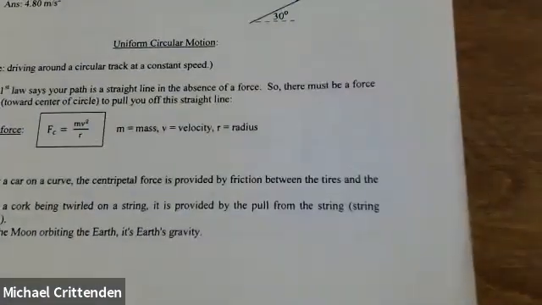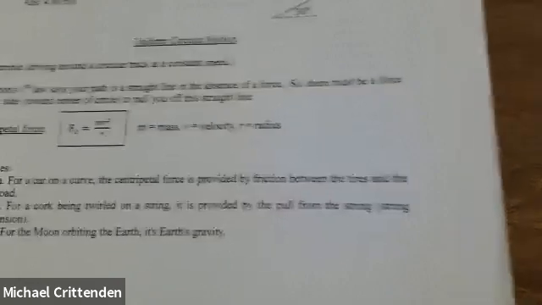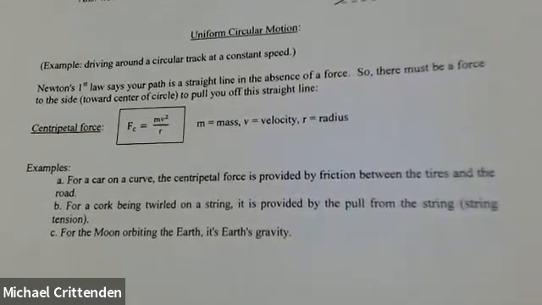That's what the uniform in uniform circular motion means, is whatever it is you're talking about does not speed up or slow down. So it's like you're in a car driving around a circular track with the cruise control turned on, which is probably not something anyone would ever actually do.